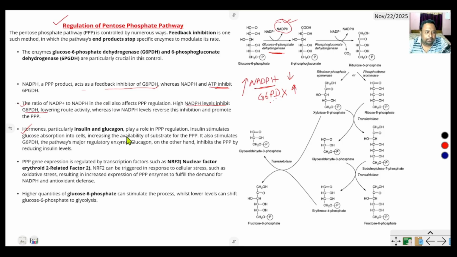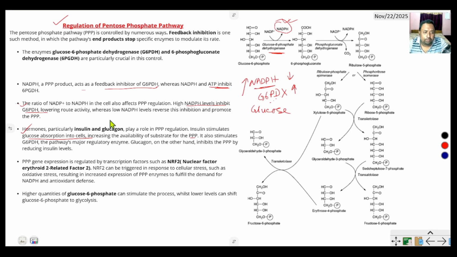Insulin stimulates glucose absorption into the cell. When glucose concentration in blood is high, insulin moves the blood glucose into the cell. Clear? This glucose is again converted into glucose 6-phosphate or other molecules by the pentose phosphate pathway.